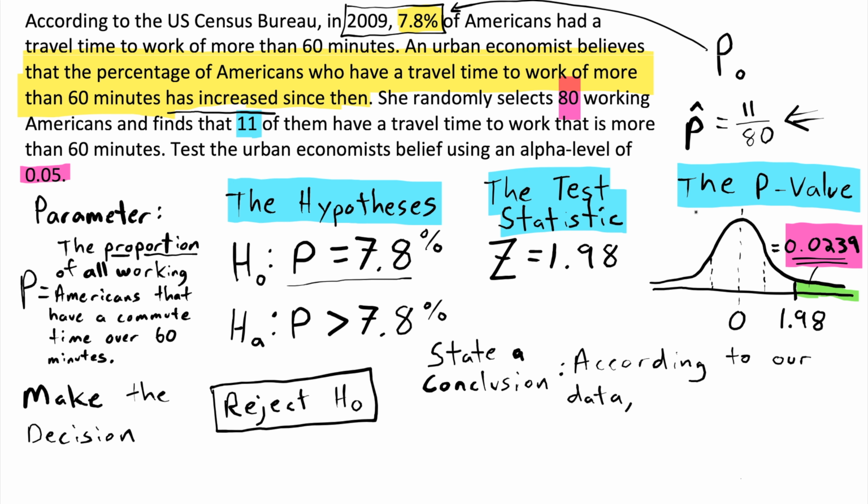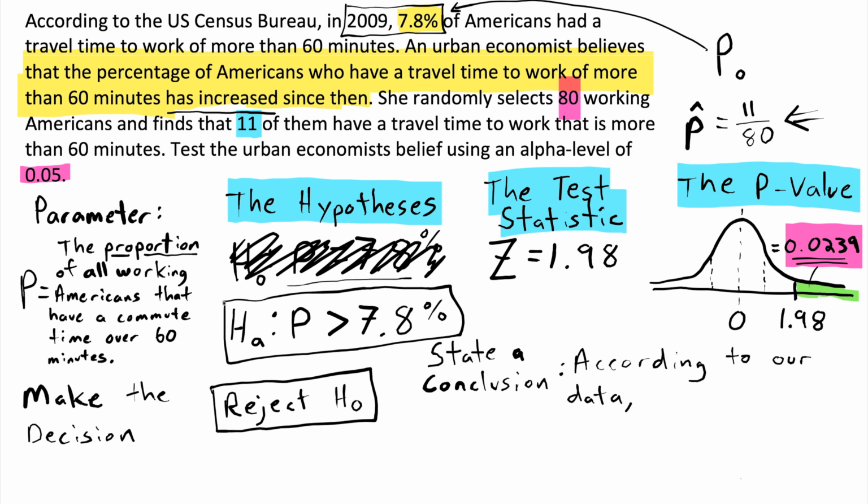And what happened? Well, we had a null that said it did not increase. And we rejected that null hypothesis. We said, we don't think you are true. What we think is true is actually the alternative. So in our conclusion, we're just going to state the alternative. We're going to have a sentence really similar to what appears up here.